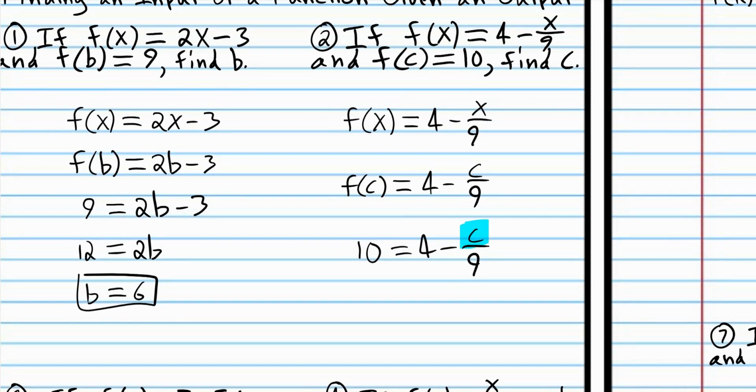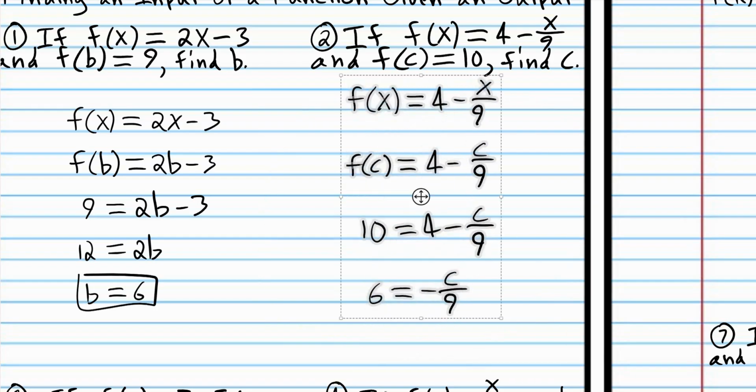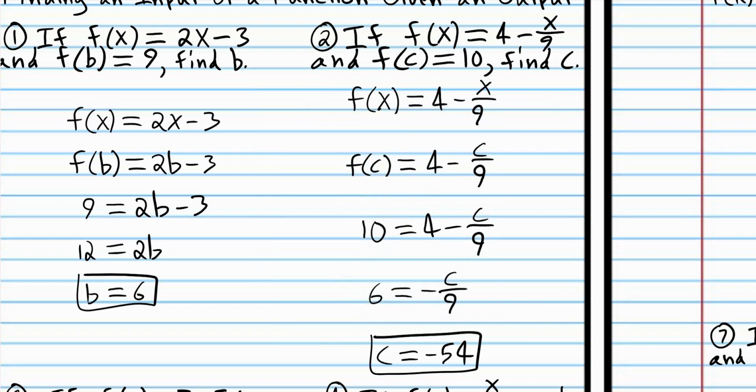So if our input is c, our output is 10. Subtract 4 from both sides, multiply both sides by -9, and our answer is -54.